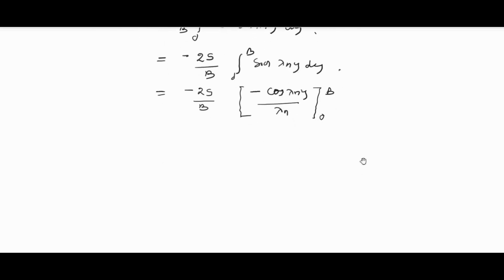Then we replace y by b and get minus cos lambda n b by lambda n. When y is 0, it becomes minus cos 0, which means 1, by lambda n, so minus 1 by lambda n.